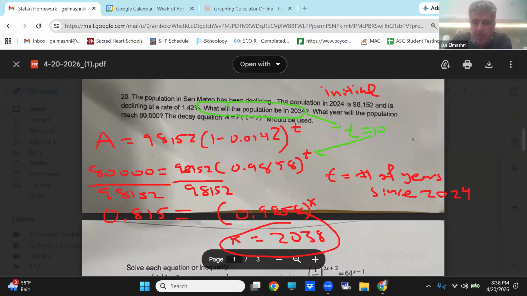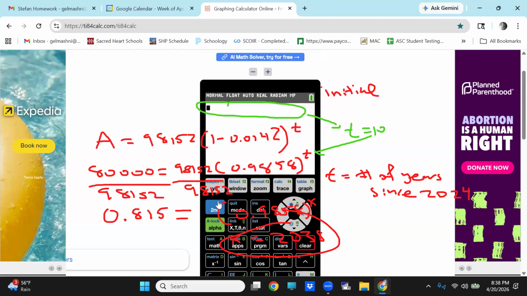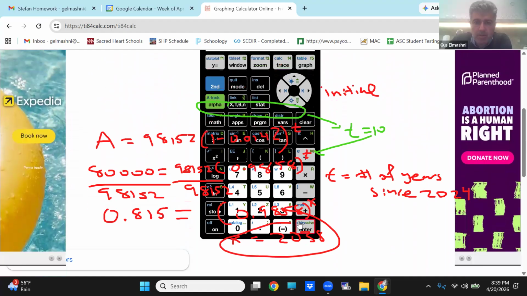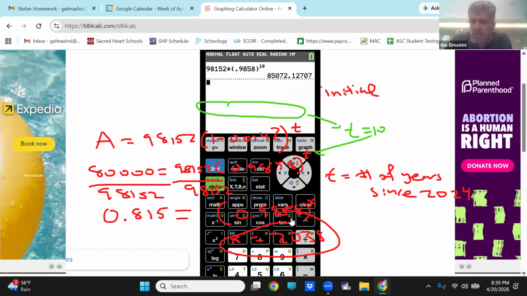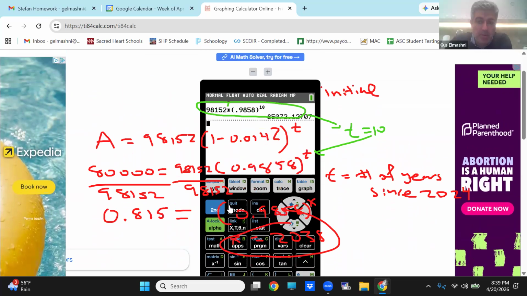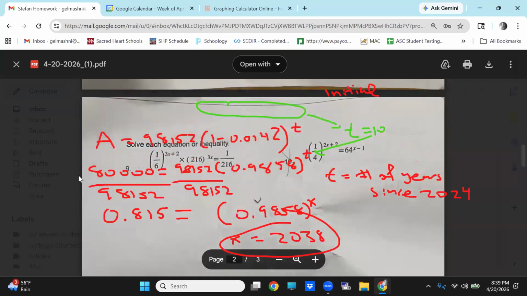So if I do that in the calculator, that's pretty easy. 98,152 times parentheses 0.9858 raised to the 10 power. So it goes down to about 85,000. And so to hit 80,000 will take even a little more time. So yeah, that's all. All right. So now let's move on to page 2.